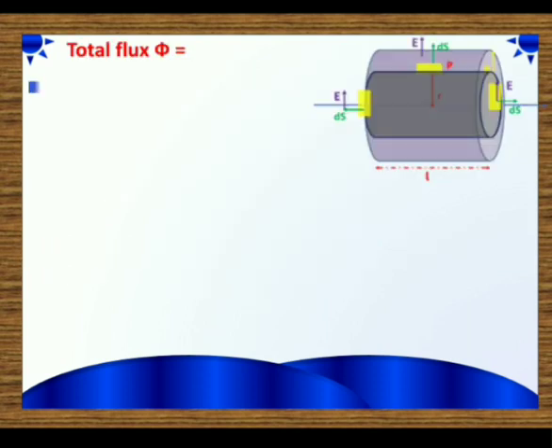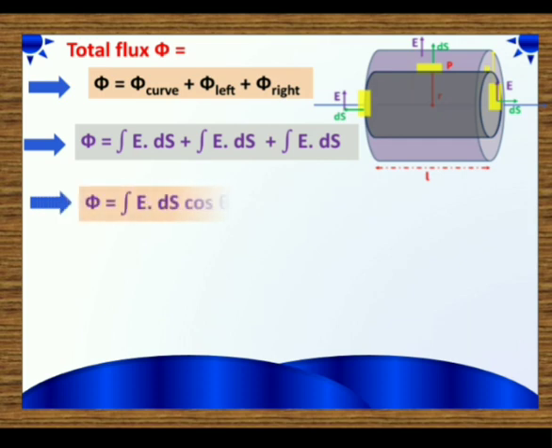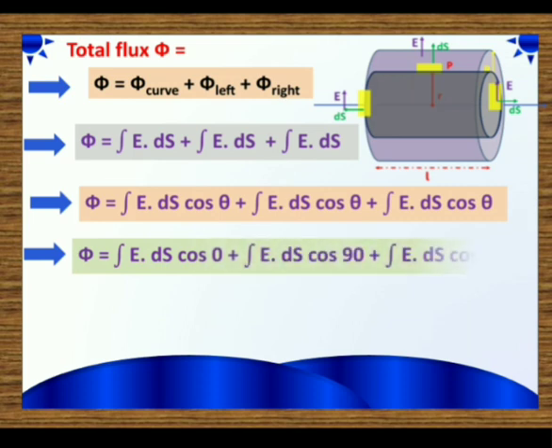Now total flux becomes phi is equal to phi curve plus phi left plus phi right. That implies phi is equal to integral E dS curve plus integral E dS left plus integral E dS right. Putting cos theta, phi is integral E dS cos theta plus integral E dS cos theta plus integral E dS cos theta. Substitute theta: phi is equal to integral E dS cos 0 plus integral E dS cos 90 plus integral E dS cos 90.